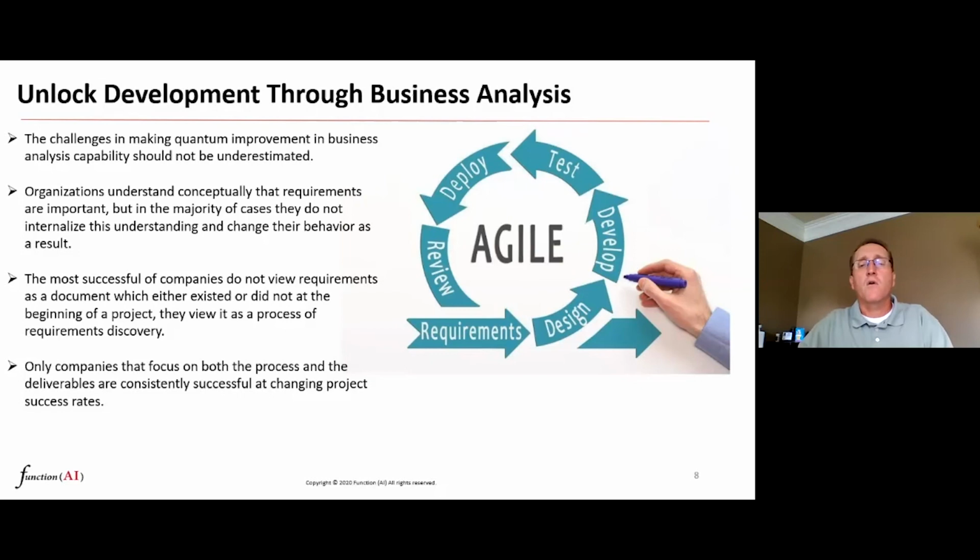These are all the keys that will help you unlock your development process, and provide value to the business of flexibility and capability, at a cost that is sustainable over a long period of time.